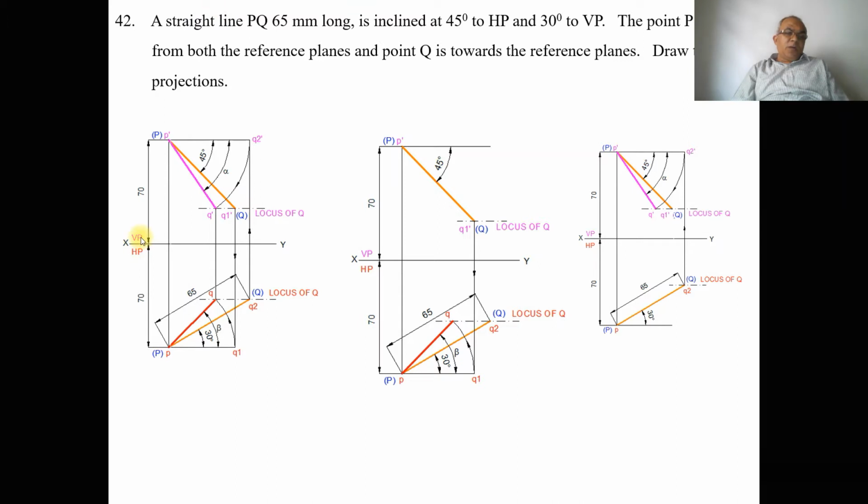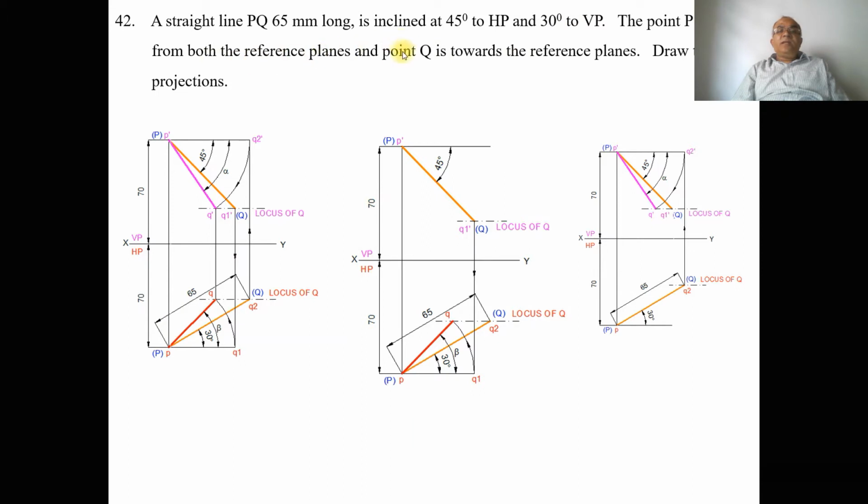How can I see the condition of the first quadrant? You can see here VP is above the XY line and HP is below the XY line. Above HP is seen in the vertical plane, so 70 mm above HP, and 70 mm in front of VP. In front of VP is seen in HP, so we are going to take this below the XY line.